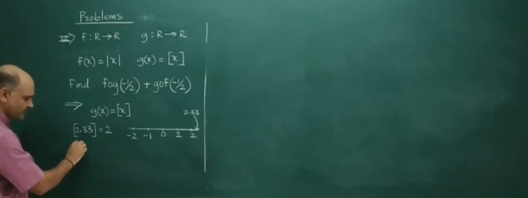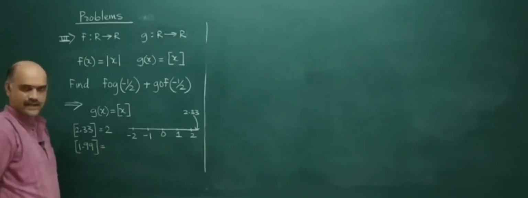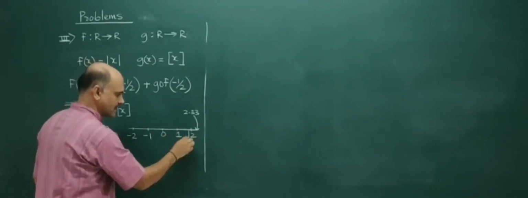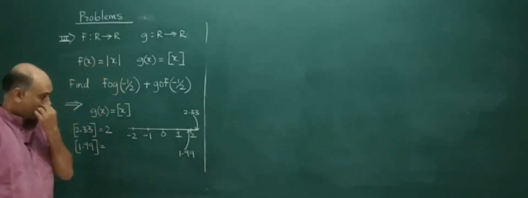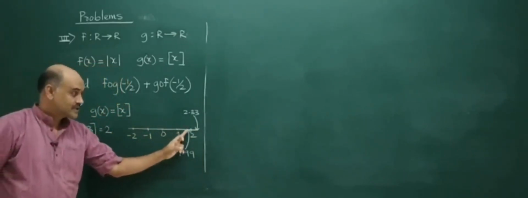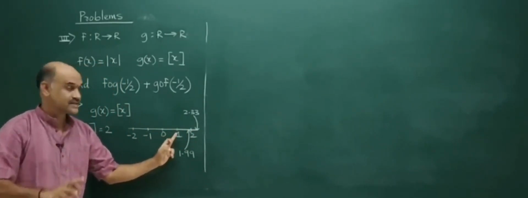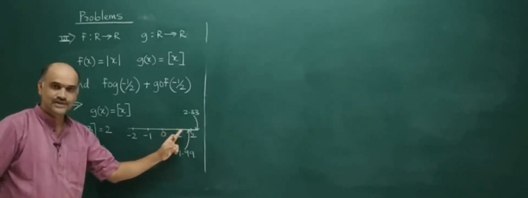Suppose it is 1.99. You will have 1.99 over here. The integer to the left of this is 1. Don't take it as 2. We are not rounding off. We are taking the integer to the left.